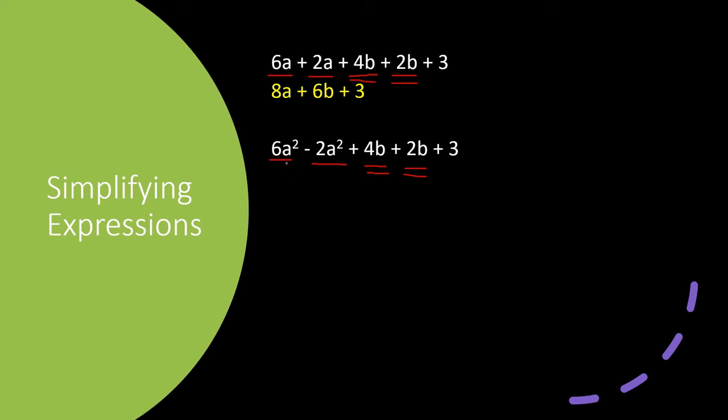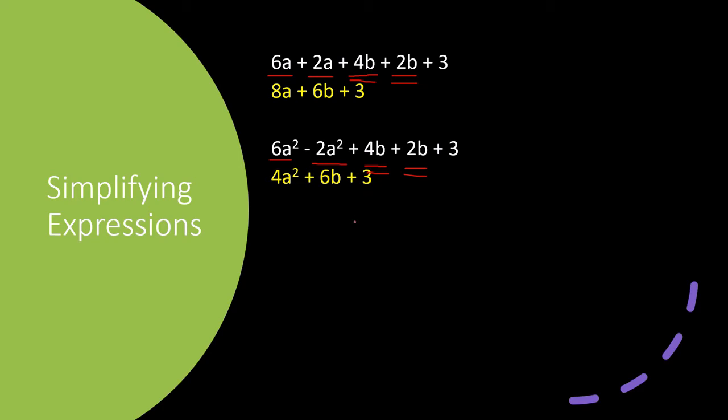I'm going to combine the 6a squared minus 2a squared, and then I'm going to combine the 4b plus 2b. And that's going to be equal to 4a squared, because I am subtracting 6 minus 2, that's equal to 4. The a squared goes along for the ride. And then the 4b plus 2b, that's going to be equal to 6b plus 3.